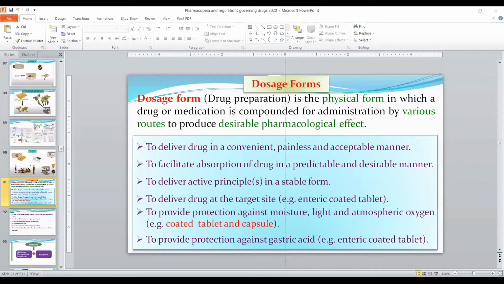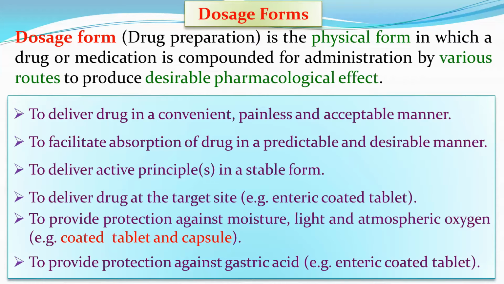That's one of our important aims. Dosage forms are prepared in such a way that maximum absorption should be there, and to deliver active principles in a stable form, means the drug should not be decomposed. That's one of the aims.